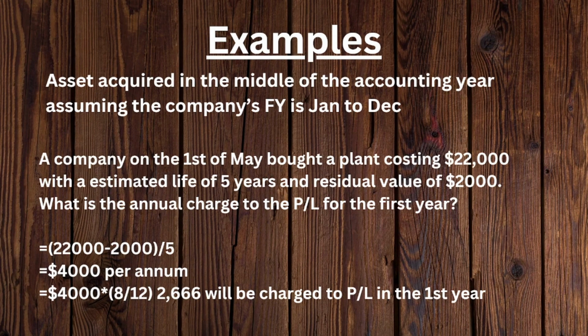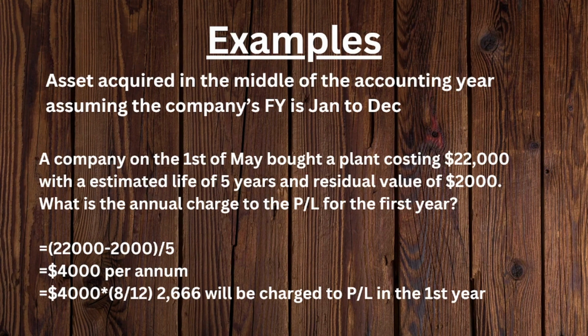So for us to get the correct amount that will be charged to the P&L in the first year, we need to multiply the $4,000 by 8 divided by 12, because from May to December is 8 months.